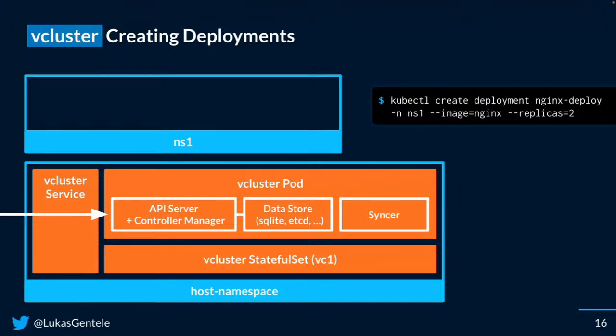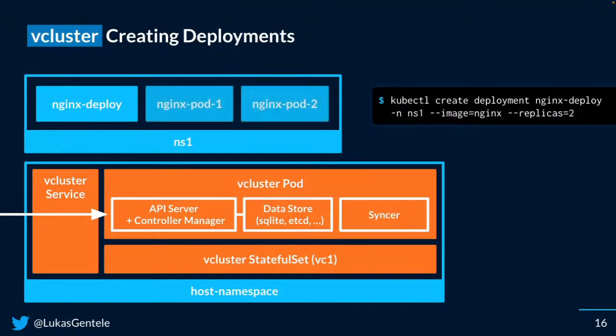What happens when I run this command against the virtual cluster's API server is that we're creating another entry in that SQLite database. That's all that happens, right? And usually now, the controller manager in a Kubernetes cluster sees, okay, we have replica number 2 for this deployment, so we actually need to create 2 pods, right? Creating those 2 pods, again, is just an entry in the data store.